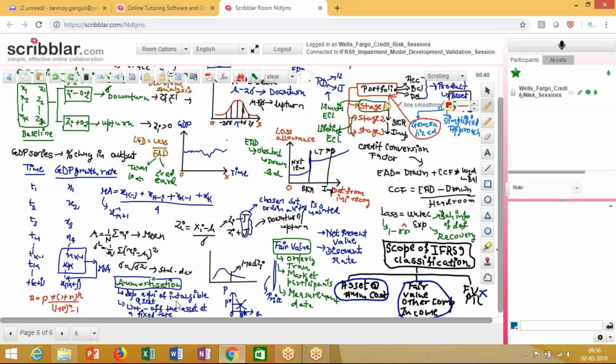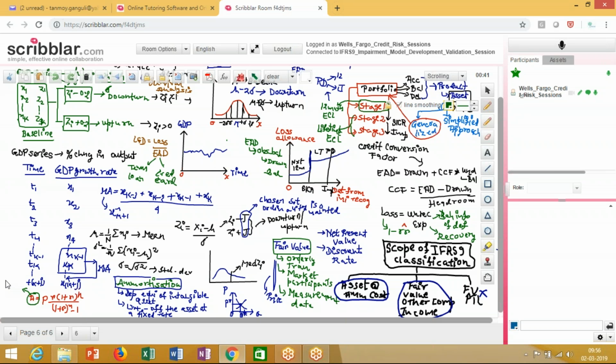So every month you are paying back a principal, you're paying the interest, and you've chosen a certain number of installments in which you want to pay for that asset. From the bank's perspective, this payment that you are making, this A, becomes the contractual cash flow of the bank.